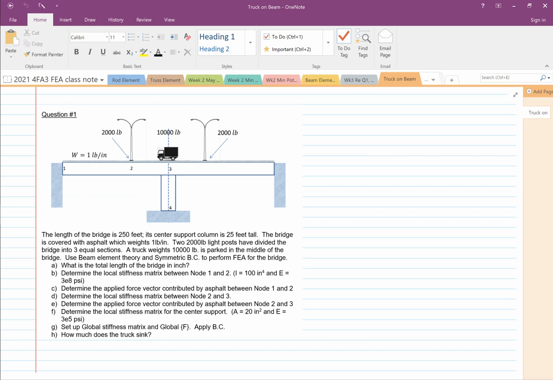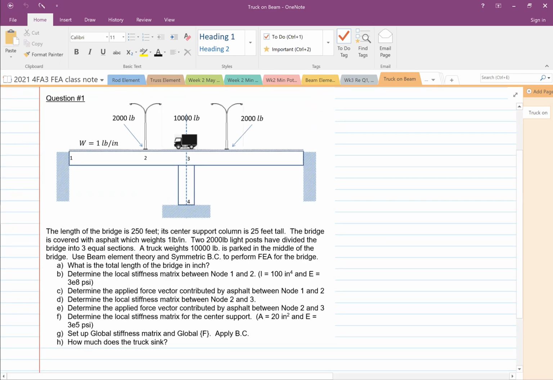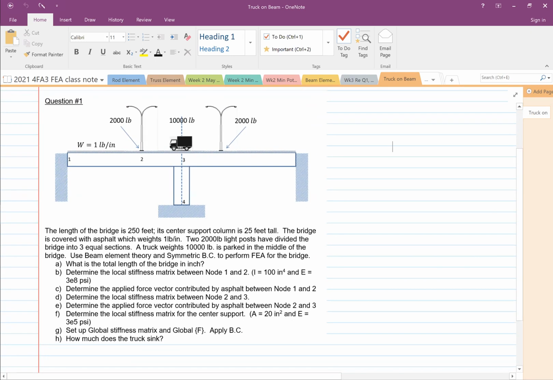For 15 minutes, you cannot finish the whole thing, but at least tell me the plan. How do you translate everything into elements and nodes? Show me the pre-processing phase of the FEA, and I'll help you go through that by 10:30. Is that cool? Yeah, let's take a short break.